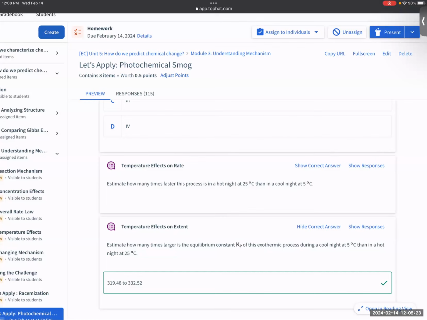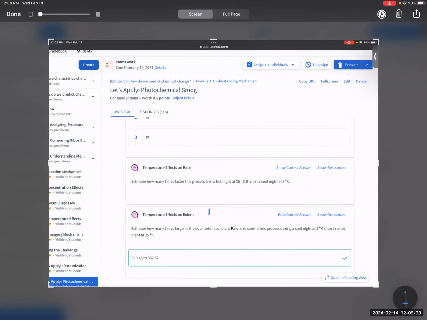So 0.00315 is K25 over K5, but they're asking K5 over K25, which is the inverse of this.